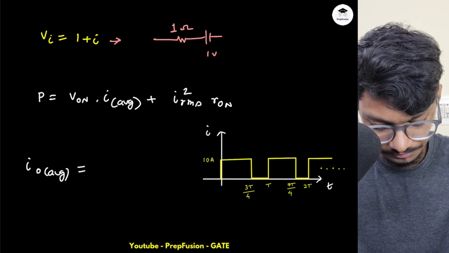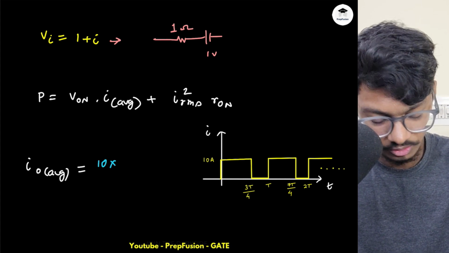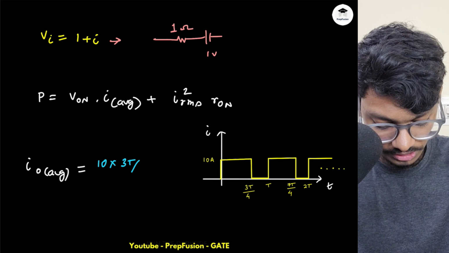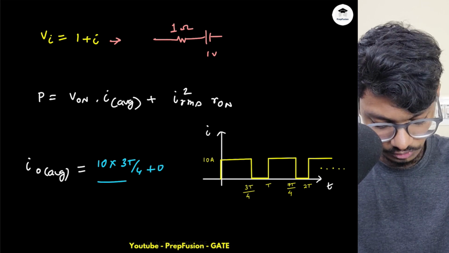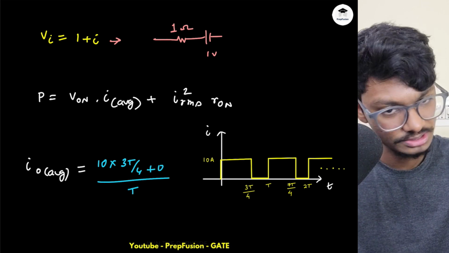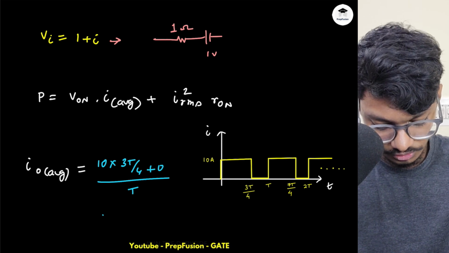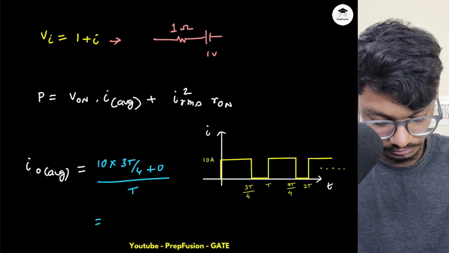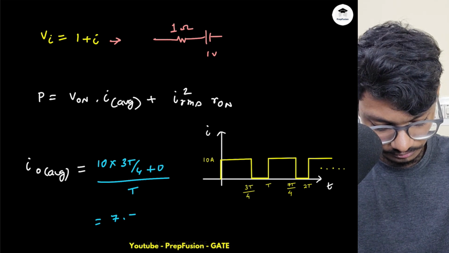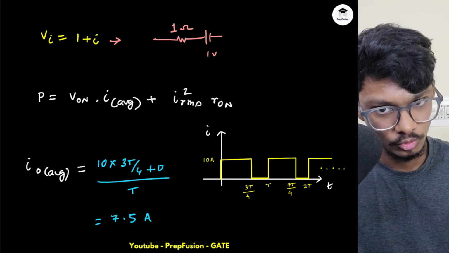So this will be equal to the area of this rectangle, 10 into 3T by 4, plus 0, divided by the overall time, the time period T. So this will be simply 7.5 amperes. This is the I O average.